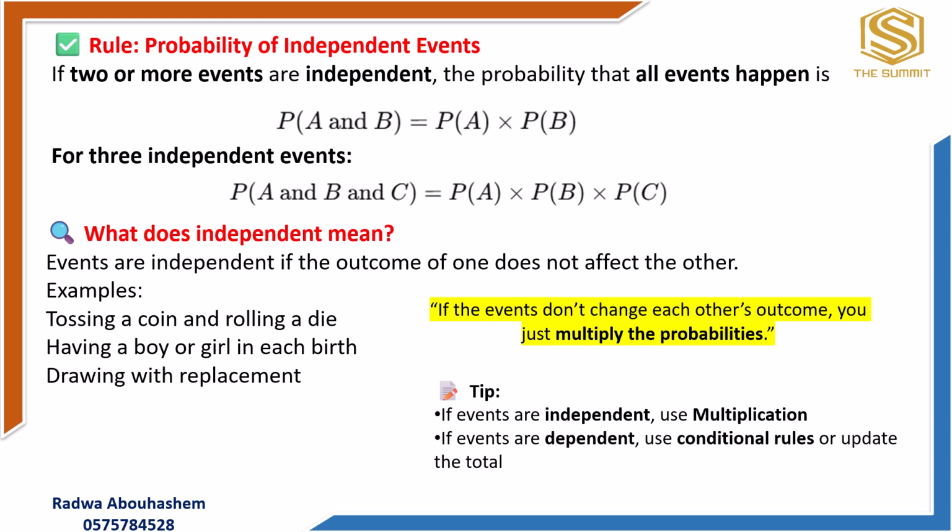So while doing your probability, you have to update the total. If events are independent, we use multiplication. If events are dependent, we use the conditional rules. We will go for it now. So make sure to update the total if there is the word without replacement. This means the total changes.